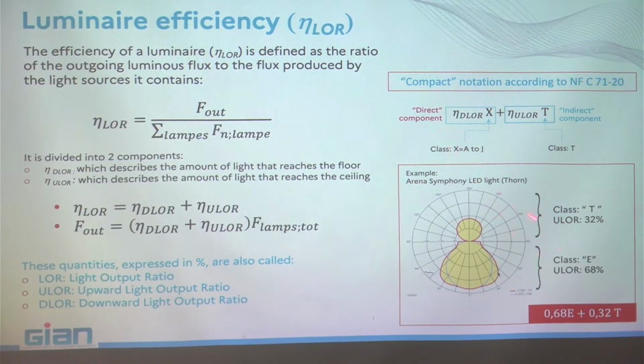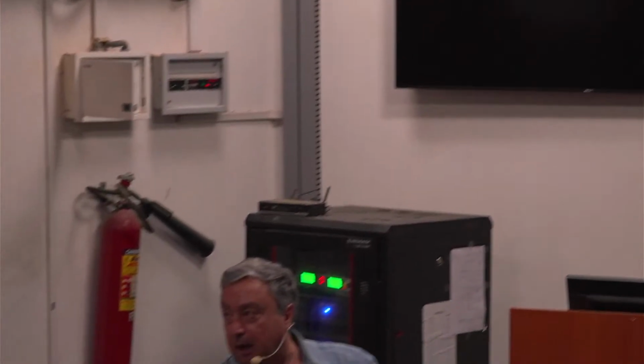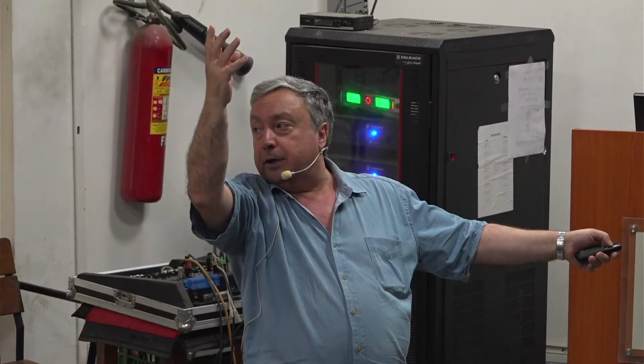Here, because this part is class T, the upward is always T, the downward depends on the beam angle. And here, for that luminaire, is class E. You have 68% if you have 1,000 lumens coming out from that fixture. 608 lumens are coming down, and 320 lumens are going up.